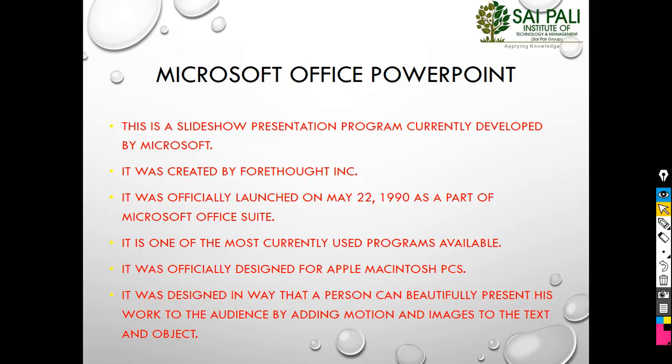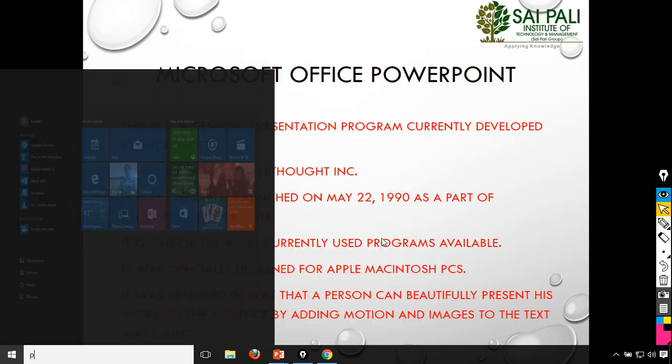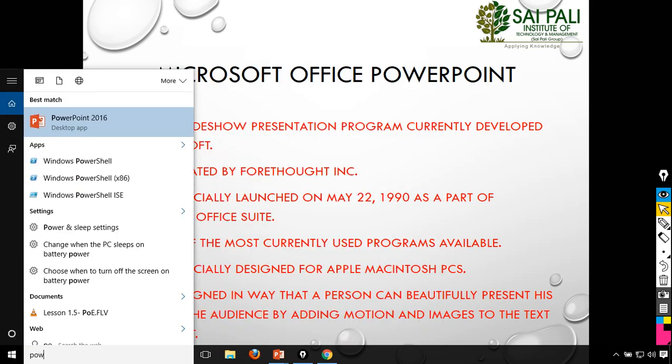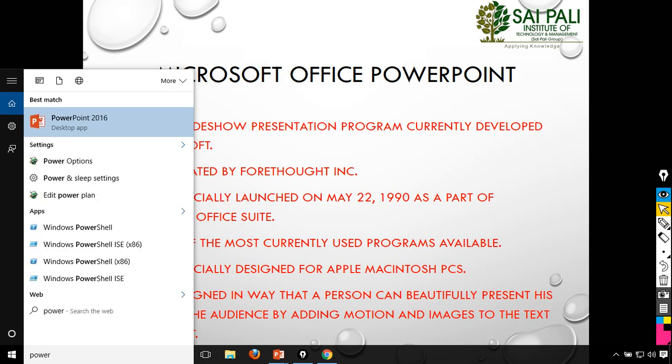Here we will have a look at how PowerPoint actually looks and how to access it. To access it, the method will be the same. You may type PowerPoint in your search box, and you can see the name coming up, PowerPoint 2016.